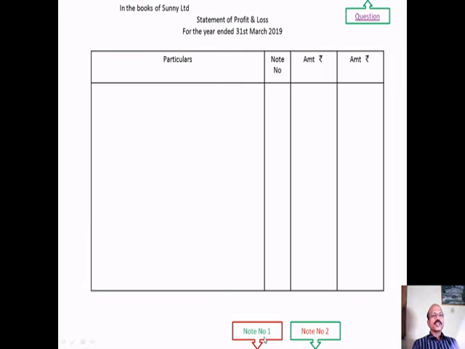So profit and loss account, the format is given in a Company Act, amended Company Act 2013 and Schedule 3. So check out the format, particulars, note number, amount and amount. So this is what a format we will be preparing, and this will be supplemented by notes.